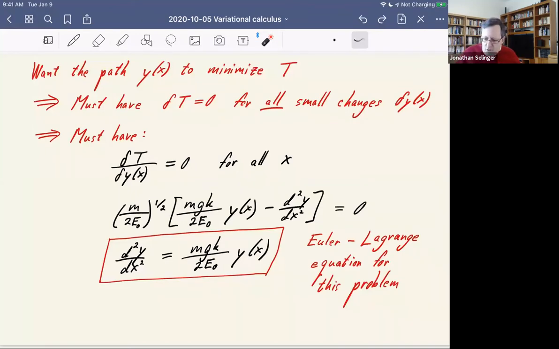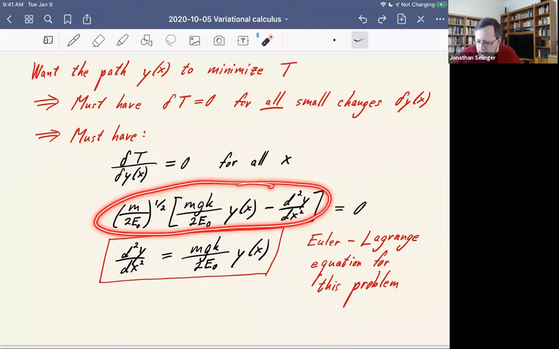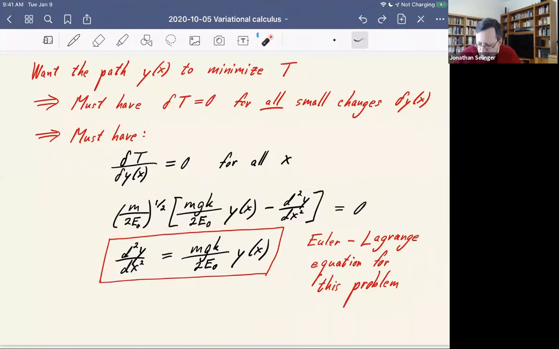Okay, so here then is the expression for the functional derivative. We want this thing to be equal to 0 for all x. Of course, we can cancel this constant factor out in front.